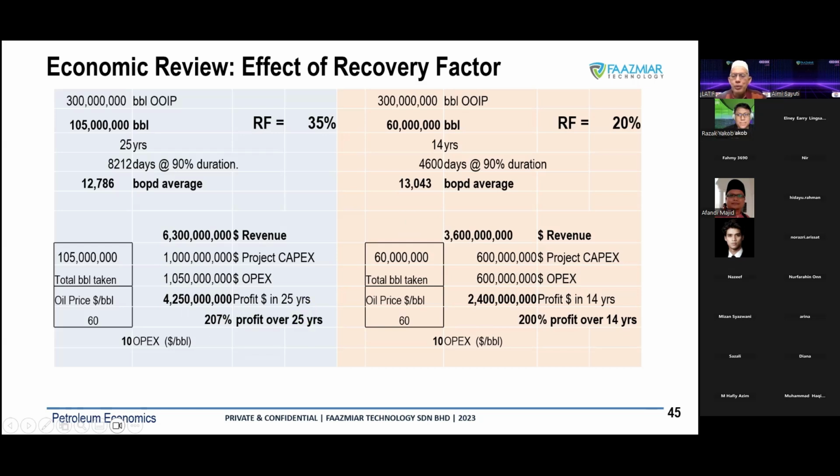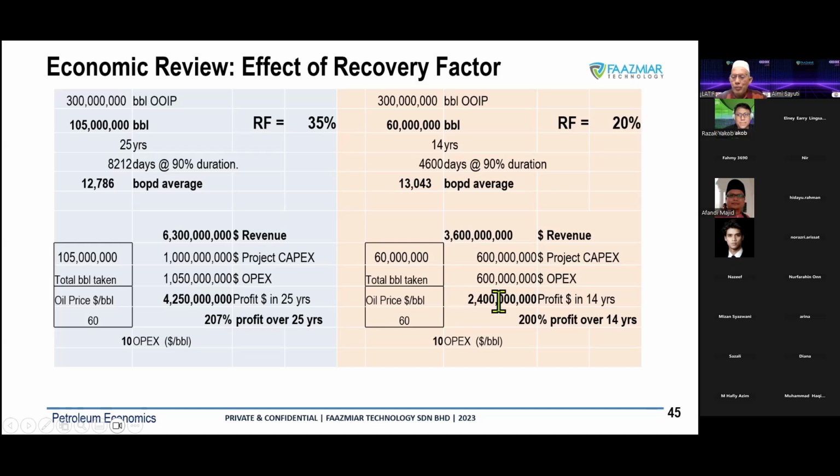But compare that to the lower recovery factor, 60 million. You're going to produce for a shorter time because of less volume. And of course, the revenue is going to be almost half because of less production. Project cost will be less, OPEX cost will be less.